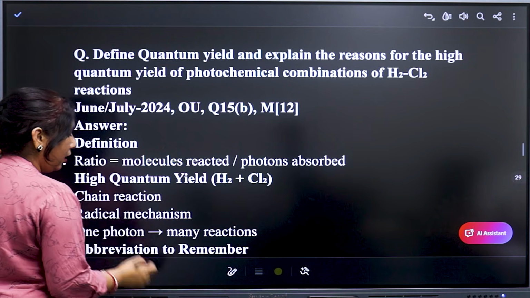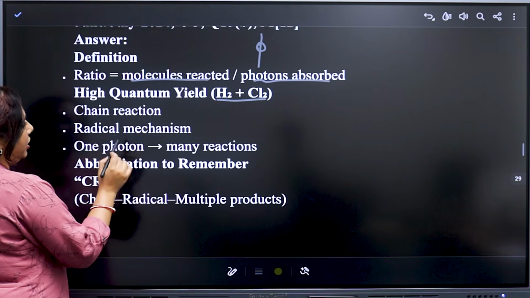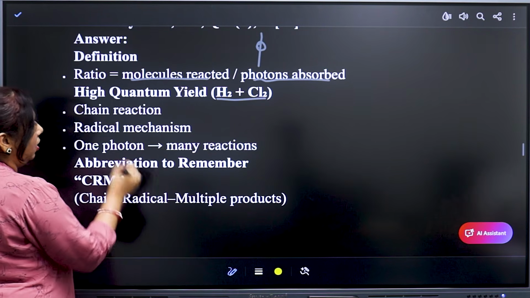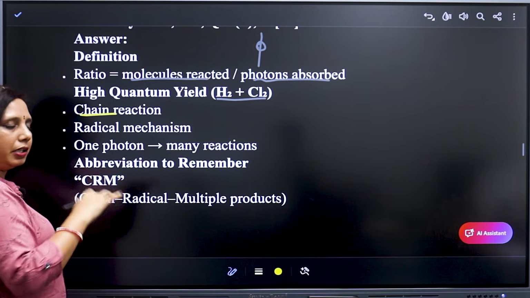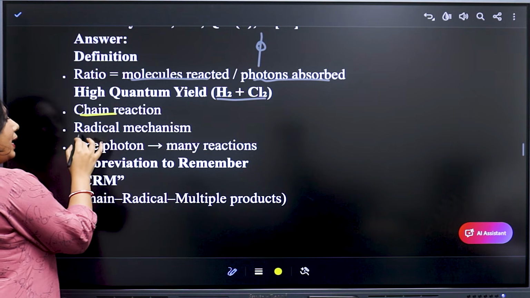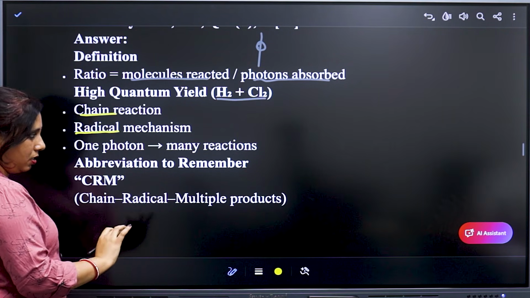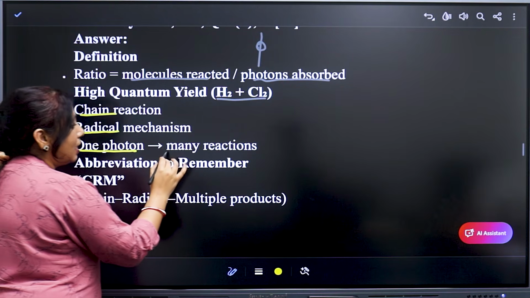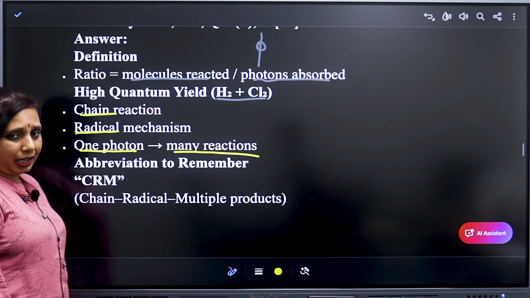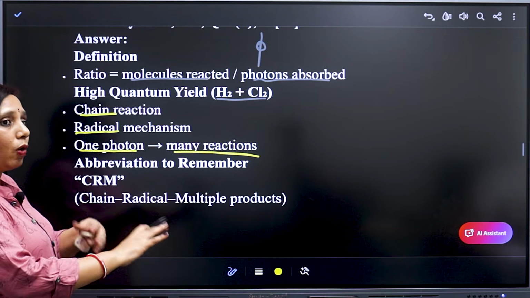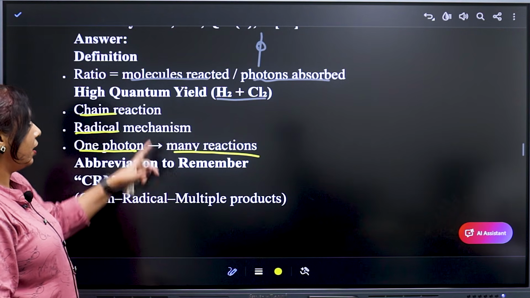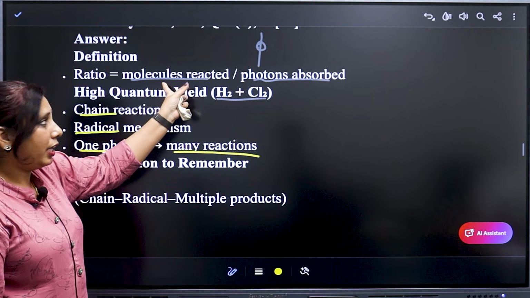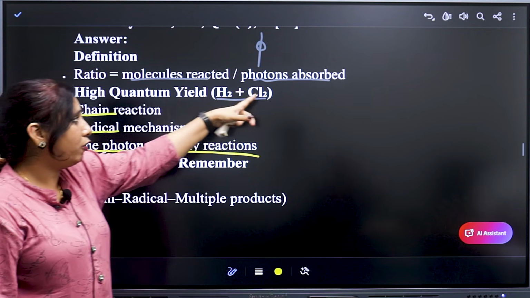First, the H2 Cl2 reaction is a chain reaction. It occurs as a continuous chain and the mechanism involves free radicals. One photon can cause many continuous reactions. That's why the quantum yield is very high, because it is the ratio of molecules reacted to photons absorbed.